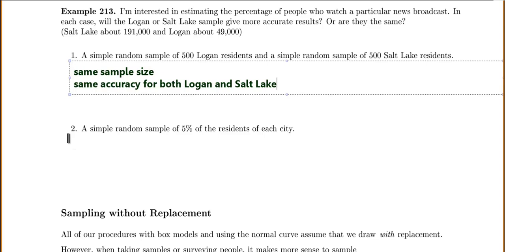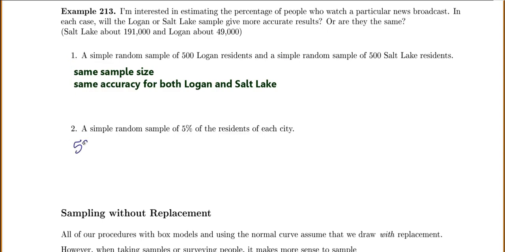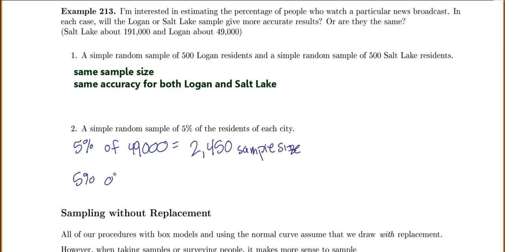Number two, a simple random sample of 5% of the residents of each city. To do that, we need to figure out how big our actual samples would be. For Logan, it would be 5% of 49,000, which is 2,450 people in the sample. But if we did 5% in Salt Lake, 5% of 191,000 is equal to 9,550.